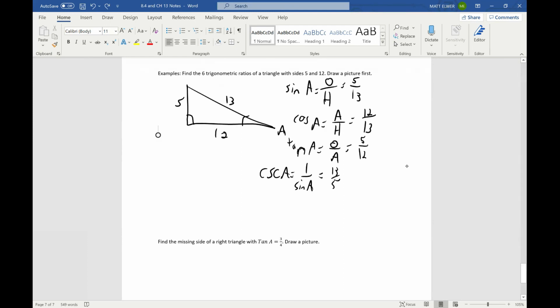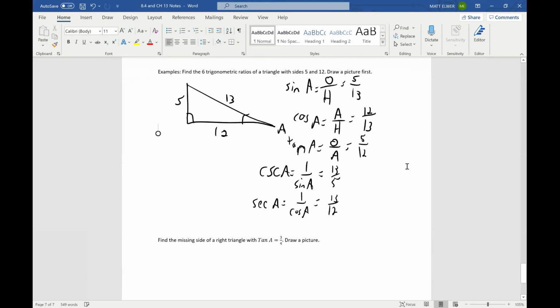If I want to find the secant of A, that's equal to 1 over the cosine of A, or 13 over 12. And if I want to find the cotangent of A, we take 1 over tangent of A, which is equal to 12 over 5. Okay.